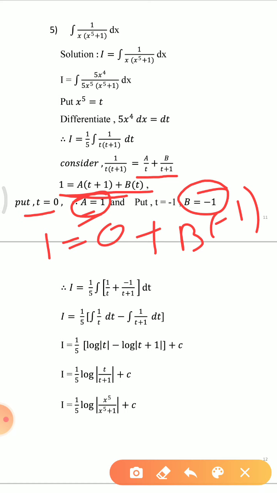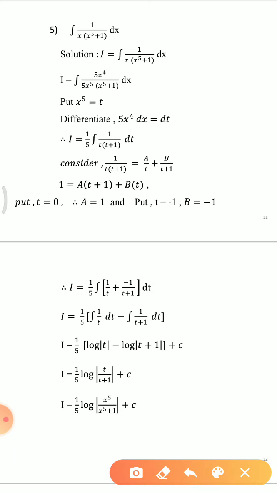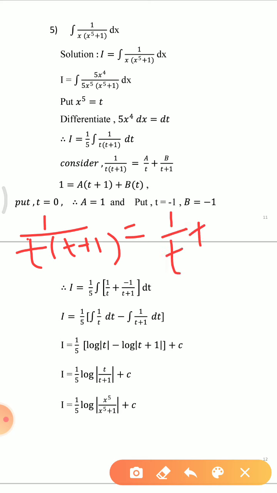Then putting a and b in this equation, the equation becomes 1 upon t into (t plus 1) is equal to 1 upon t plus minus 1 upon (t plus 1), substituting the values of a and b here.